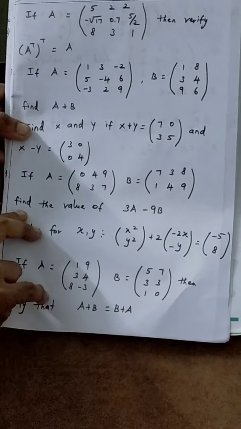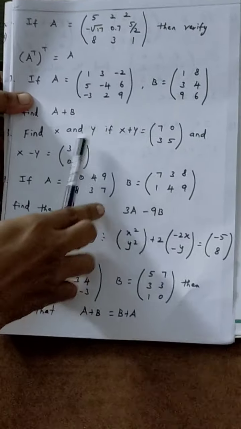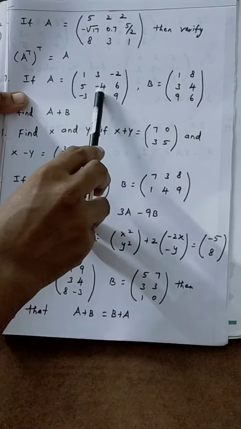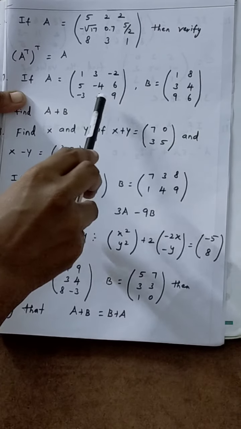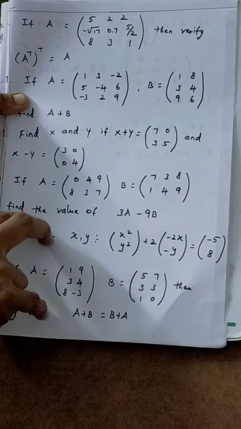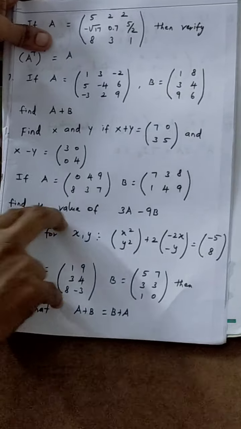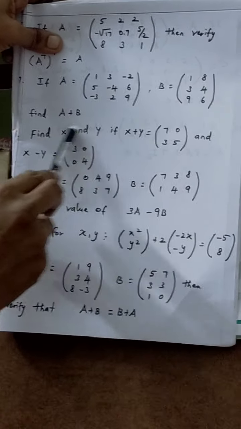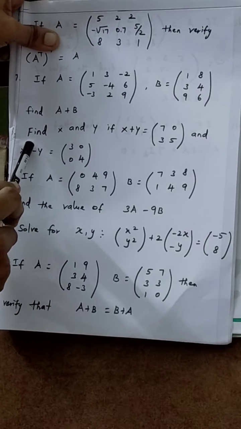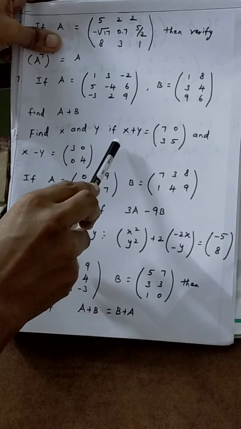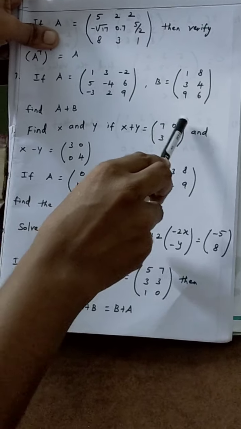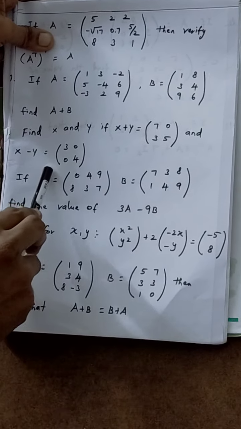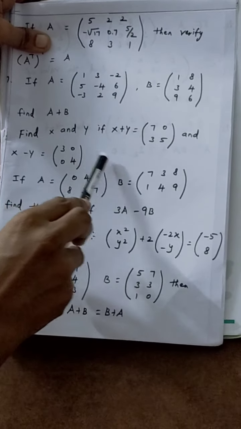And then seventh question, if A equal to 1, 3, minus 2, 5, minus 4, 6, minus 3, 2, 9, close the bracket, B equal to 1, 8, 3, 4, 9, 6, find A plus B. Eighth question, find x and y if x plus y equal to 7, 0, 3, 5 and x minus y equal to 3, 0, 0, 4.